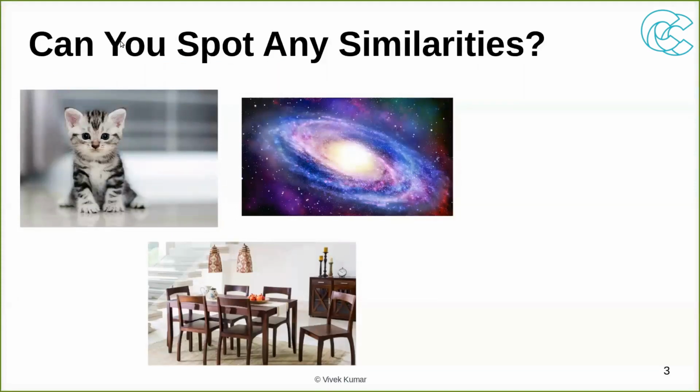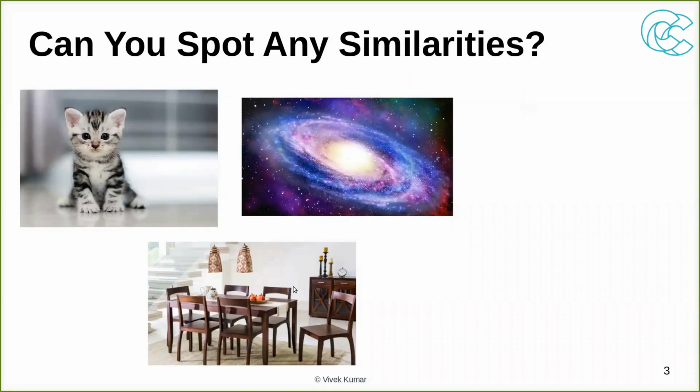So these are again some motivating examples. Can you spot any similarity among these three things? One is a cat, the other one is a galaxy kind of thing, and the third one is some furniture, a dining table.